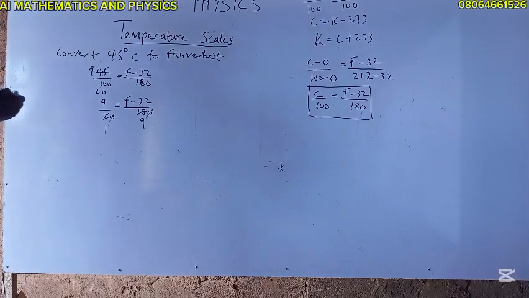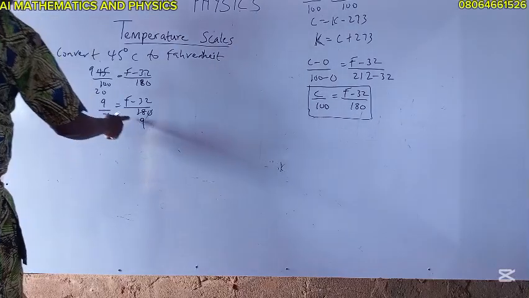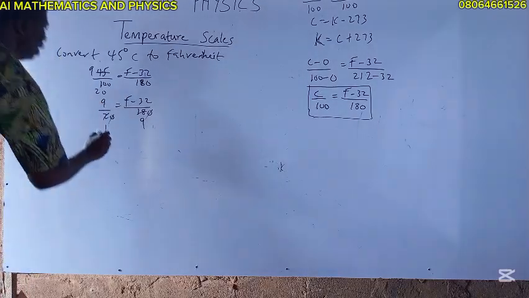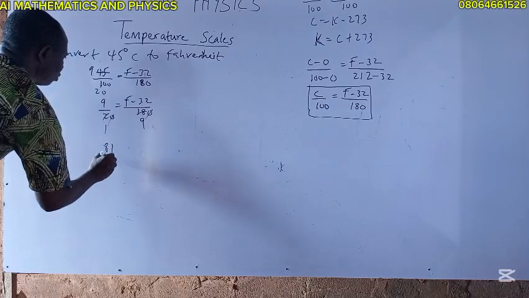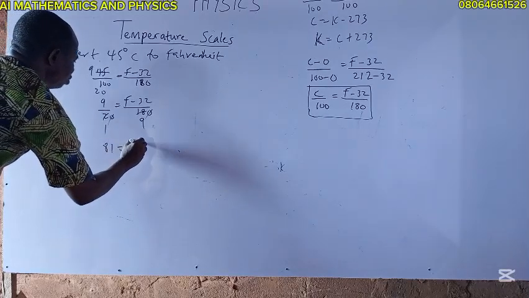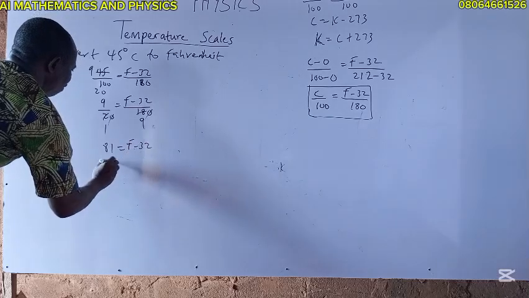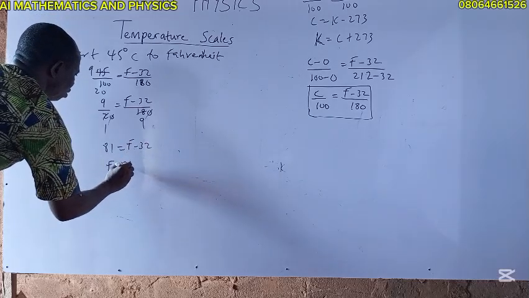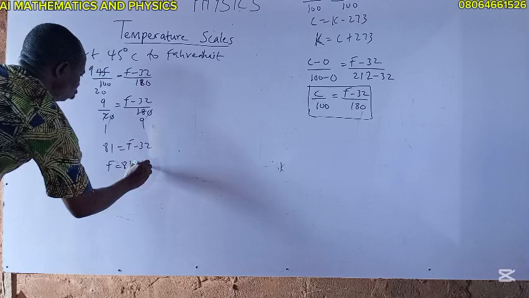So you can multiply 9, which will give us 81 equal to F minus 32. Our F will now be equal to 81 plus 32.